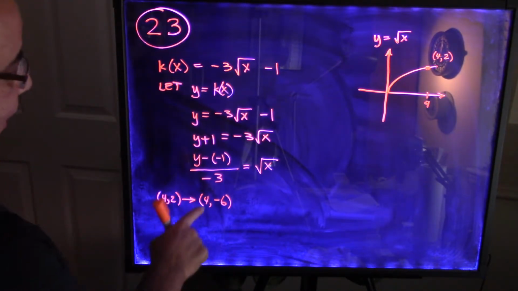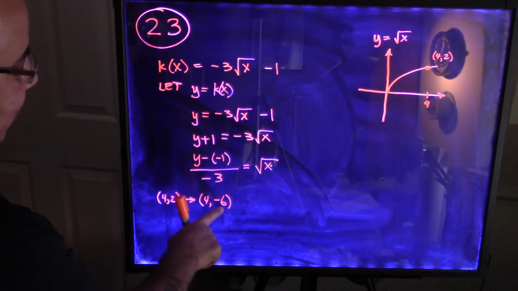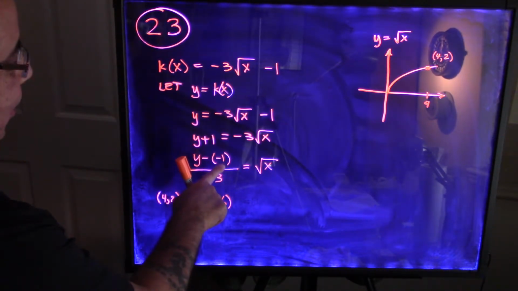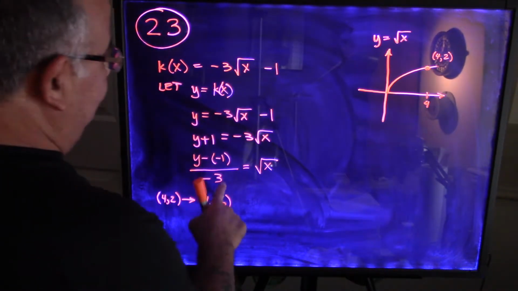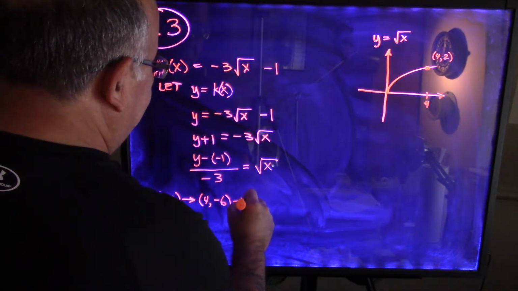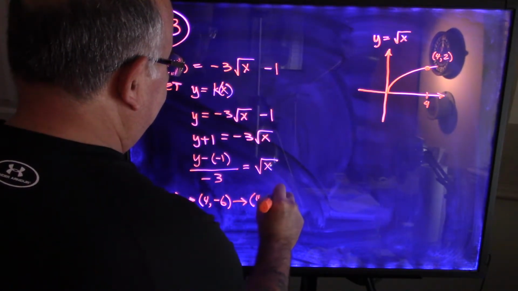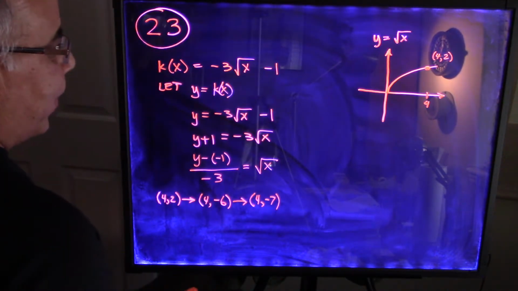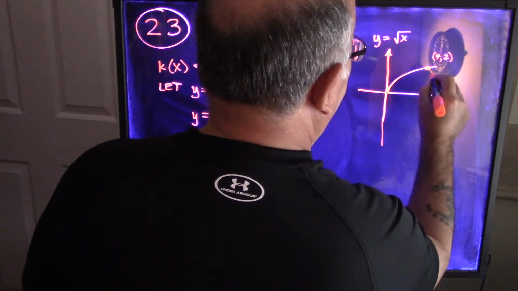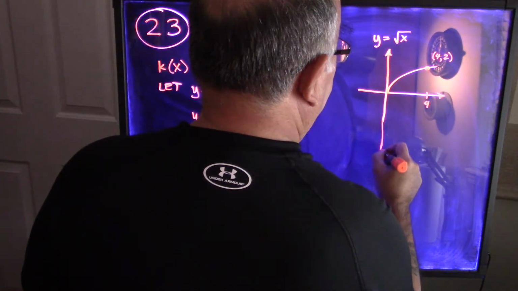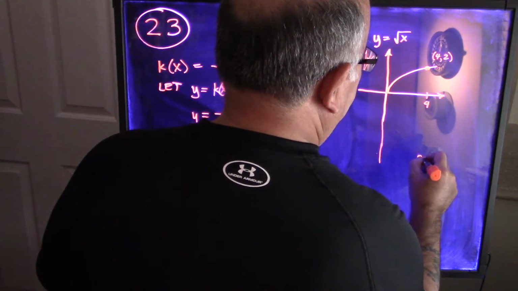That is what the negative 3 does: multiply the y-coordinate. And then you shift down, in other words, add negative 1 to negative 6, the y-coordinate. So you get 4, negative 7. It's going to be way down here, but we'll just pretend this is 4, negative 7.